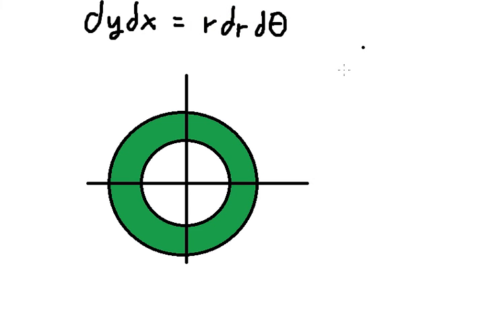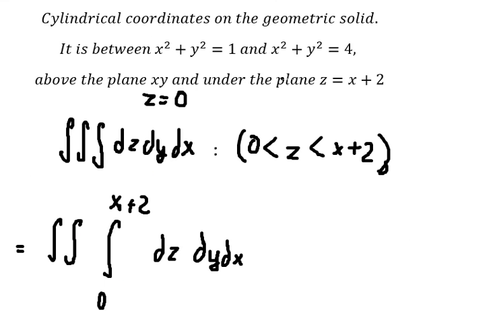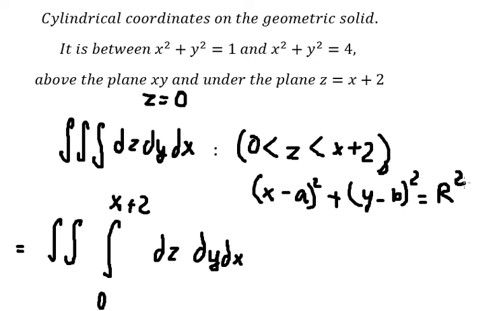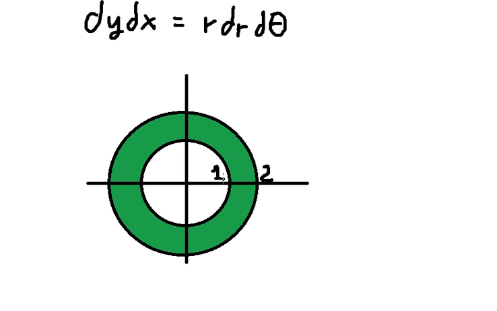So this one is 1, this one is 2, because from this one and this one we have the formula in here. This is the formula of the circle. That's why this one is 1 squared, 4 is 2 squared. So that's why we have 1 and 2. This one we have negative 1 and negative 2.